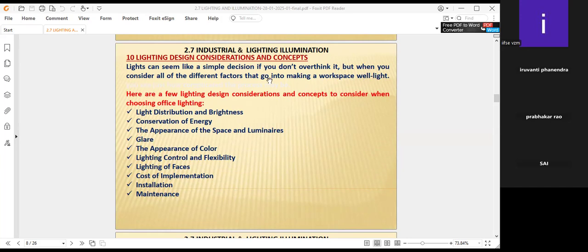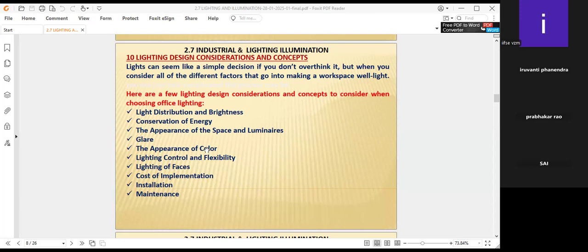You have to see that work is not hampered and productivity is not affected. Also, we have to see this before deciding on the lighting source and the placement and all the things we have discussed here. Here are a few lighting design considerations and concepts to consider when choosing office lighting.